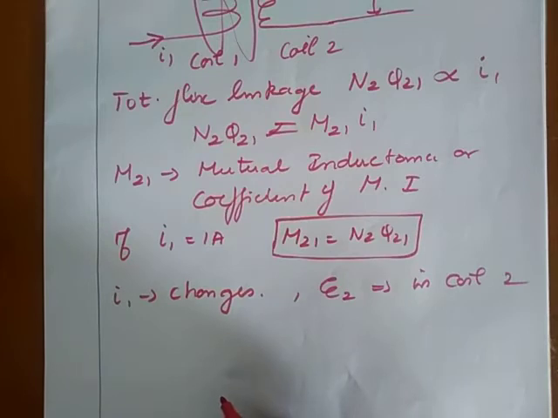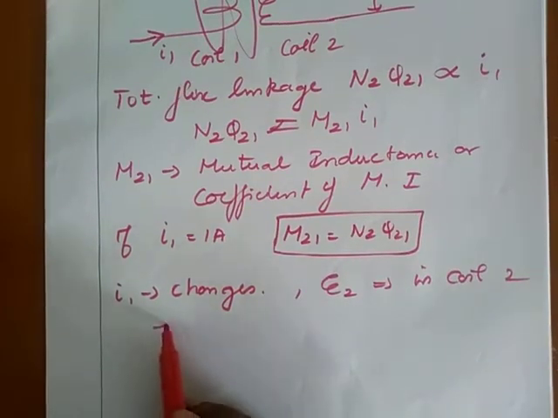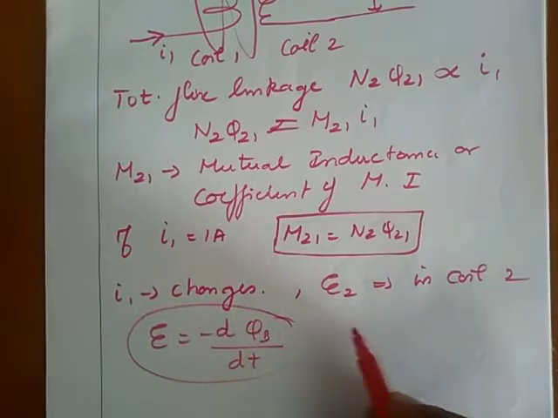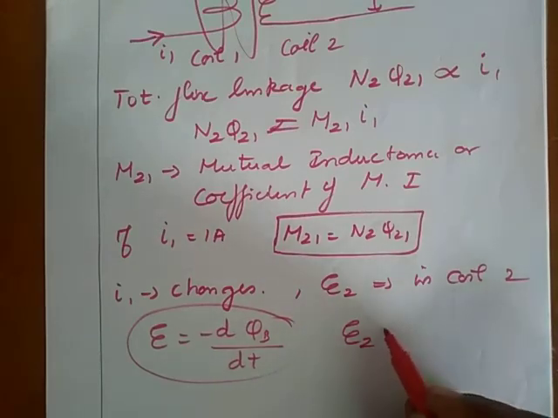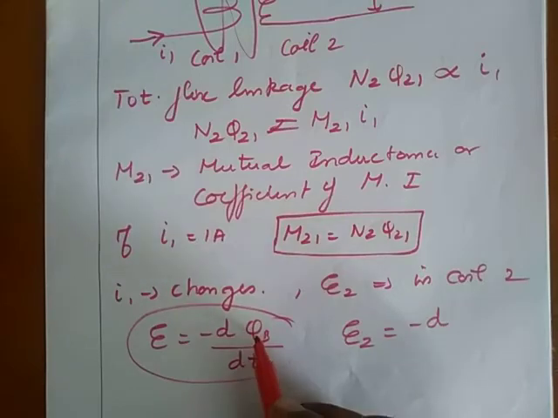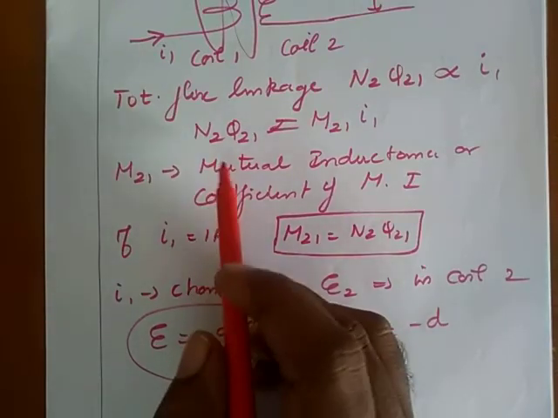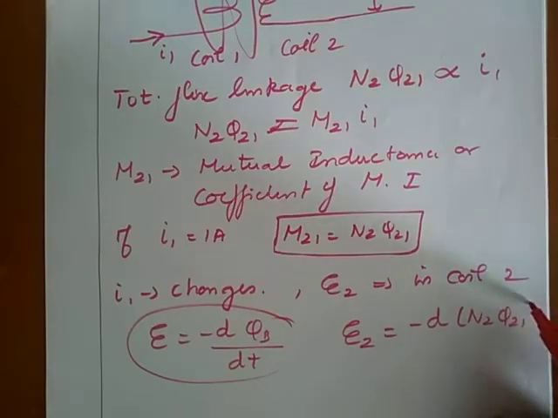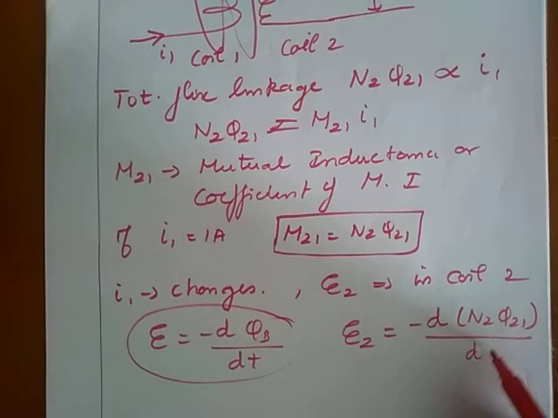According to Faraday's law, the induced EMF psi is equal to minus d of the total flux linkage by dt. Here the EMF in the secondary coil is equal to minus d of the net flux linkage, which is N2 phi 21, by dt.